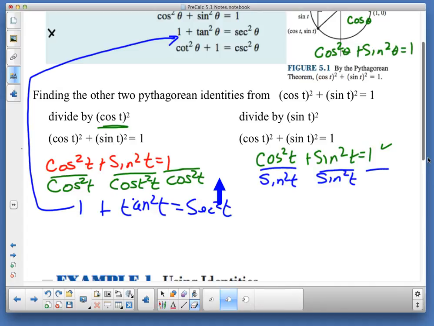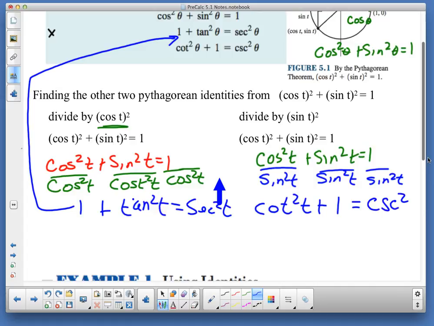Keep in mind what's going on here. This is cosine squared t over sine squared t. Well, we just learned about that. That's cotangent squared t, plus sine squared t divided by sine squared t, that's just 1. And then I've got cosecant squared t.